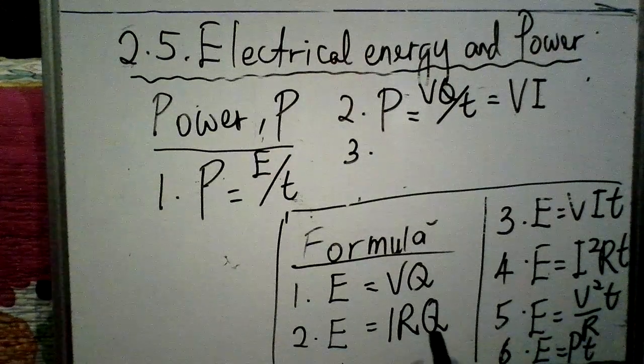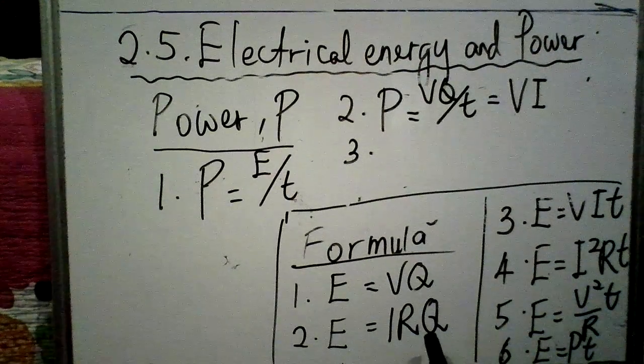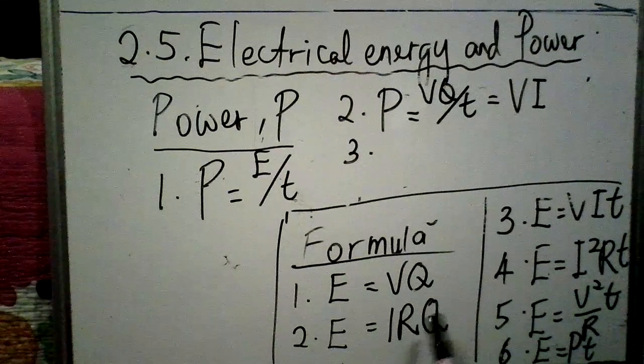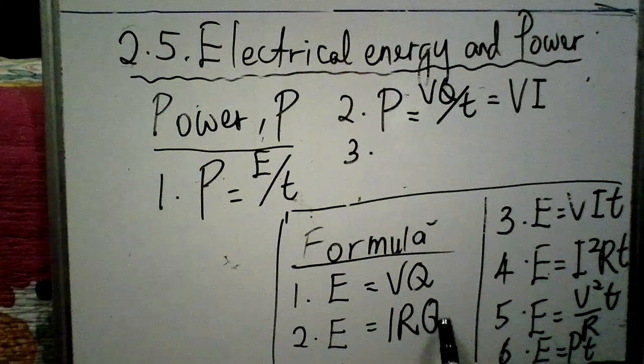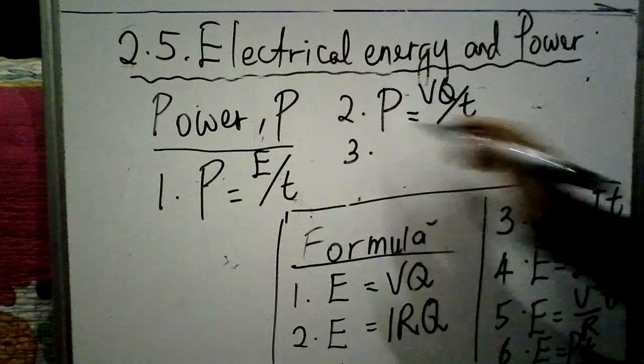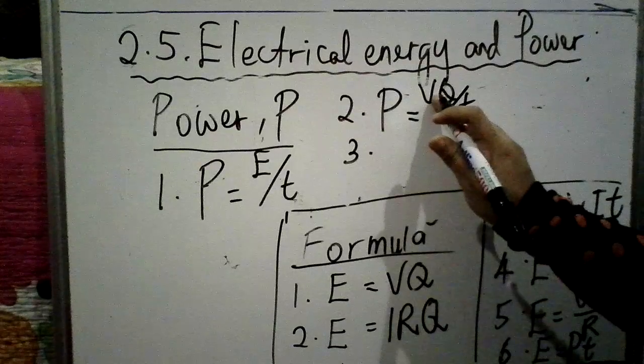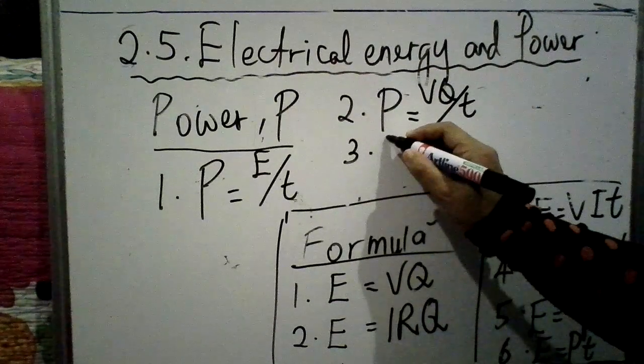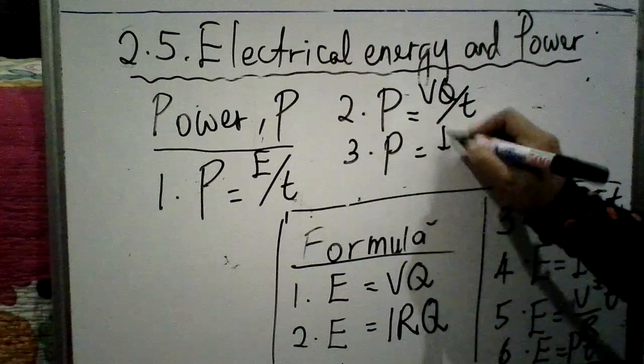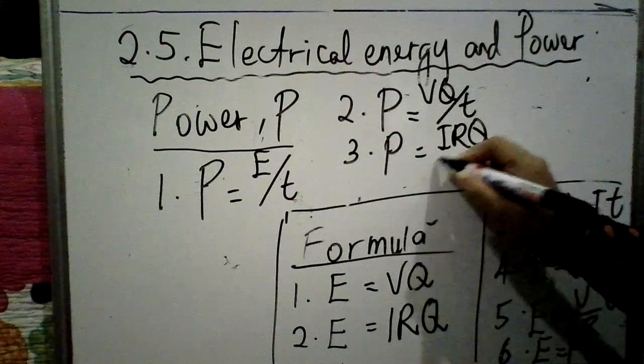If we substitute the second one, divide by T, meaning IRQ divided by T. The third one is P equals IRQ divided by T.